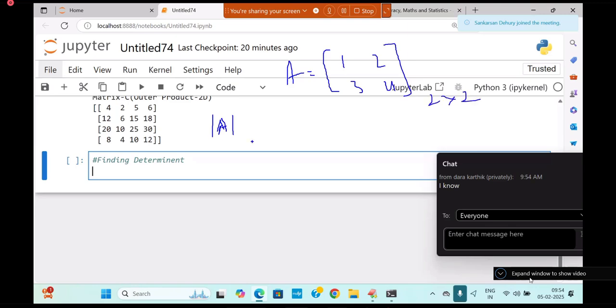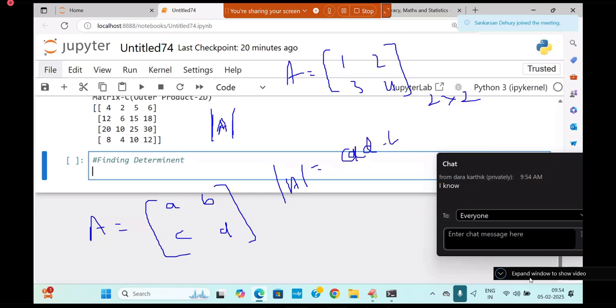You need to find the determinant of A. In general, when we have a matrix A, B, C, D, the determinant of A is equal to AD minus BC. Already you know AD minus BC.